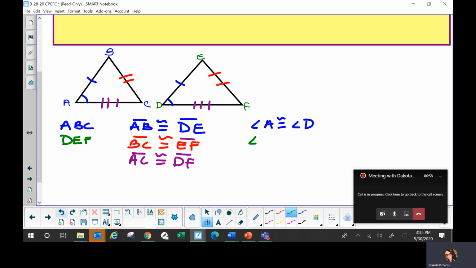Let me rewrite that so you can see that. Angle B is congruent to angle E. So B would be here, E is there. Right. And next, lastly, you have angle C is congruent to angle F.